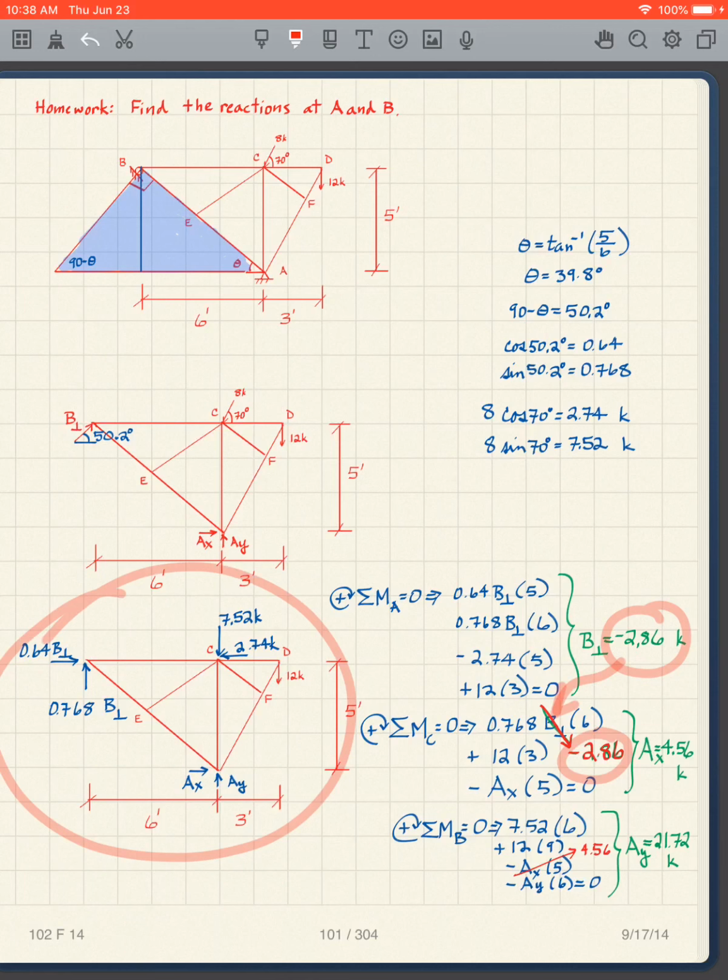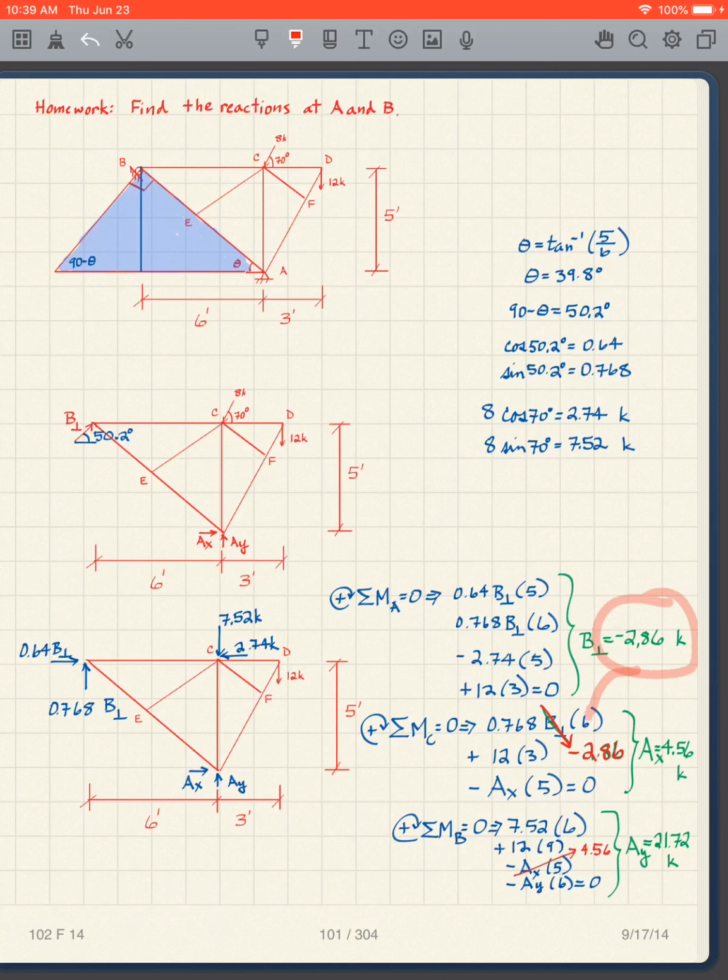I draw everything like that. So make sure that when you're doing this, we don't flip the arrows around till the final free body diagram. I'm going to use that negative in here, so make sure you don't mess up the signs there. And then solve for AX, and that's what I get.